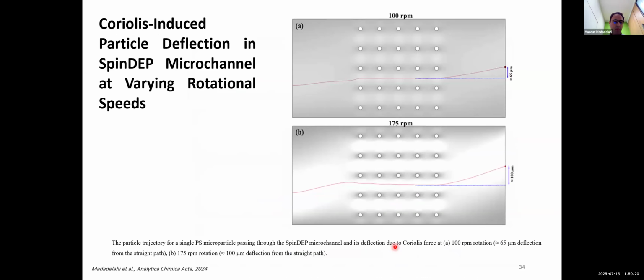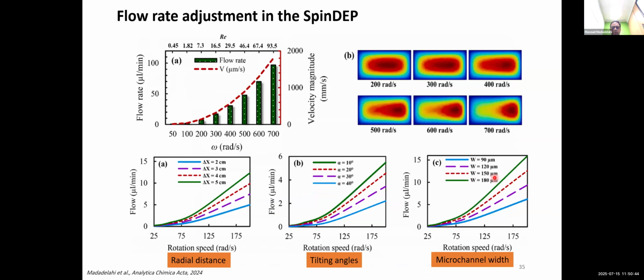And you can even measure that deflection precisely. Again, this is not that feasible in experimental analysis, but in modeling, you can do whatever you want, right? For example, at different RPMs, you can precisely measure the effect of Coriolis force on deflection of such polystyrene particles.